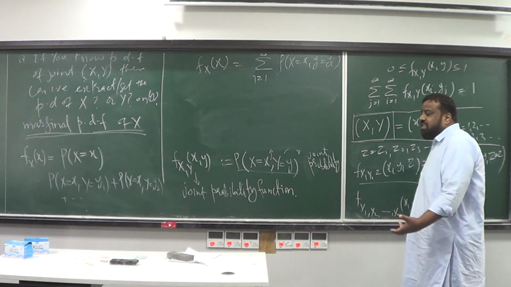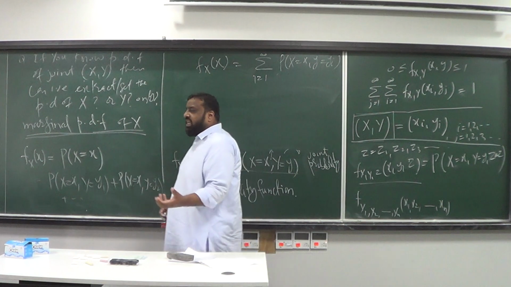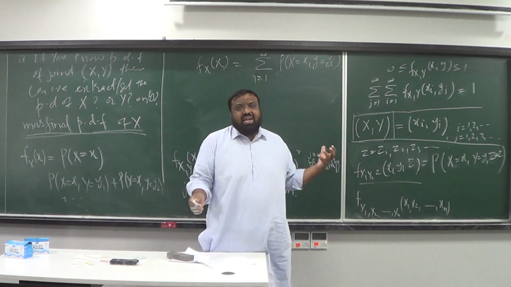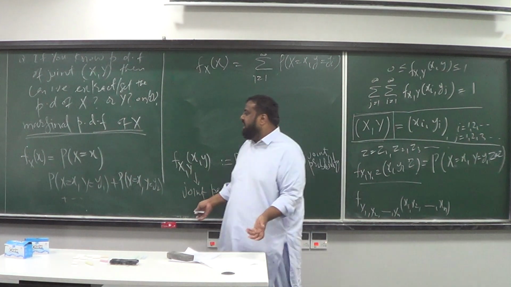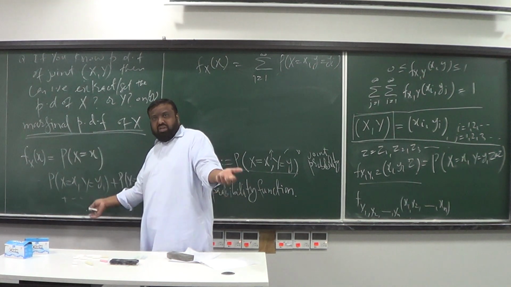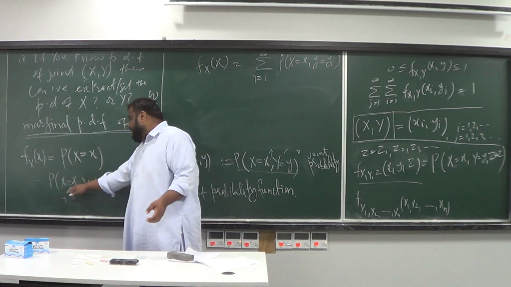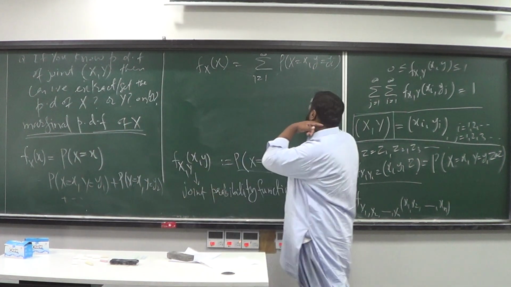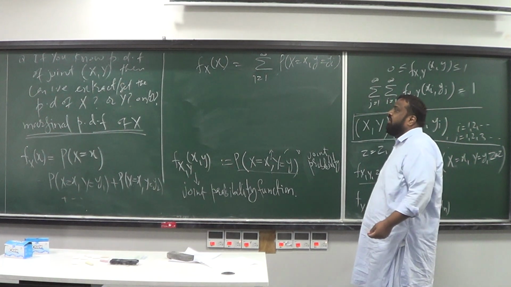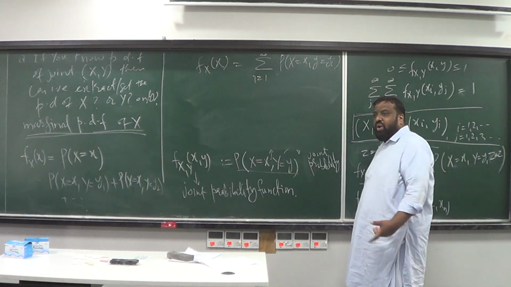So when x is taking the value x, it does not assume anything for y. So hence y can be anything. So therefore you are saying that okay, when x is x, then y can be y1 or it could be y2 or it could be y3, and hence the probability of this should be the sum of all these. And that's a recipe for computing the marginal PDF of x from the joint PDF.